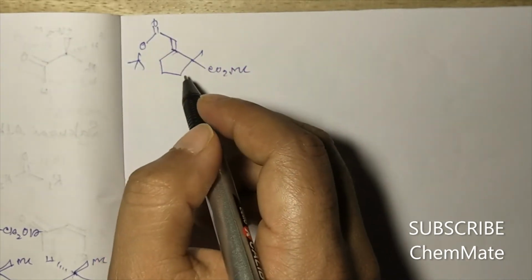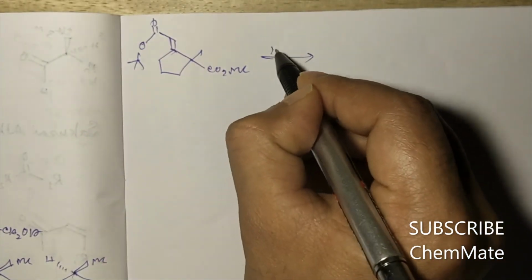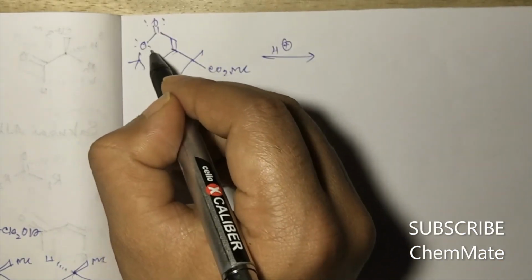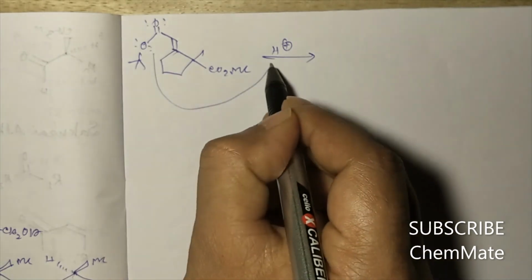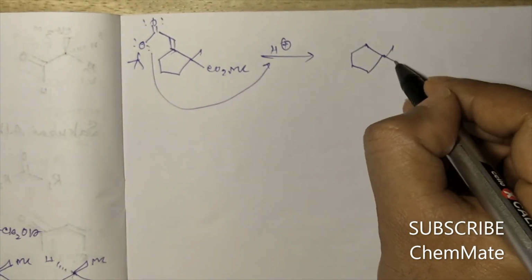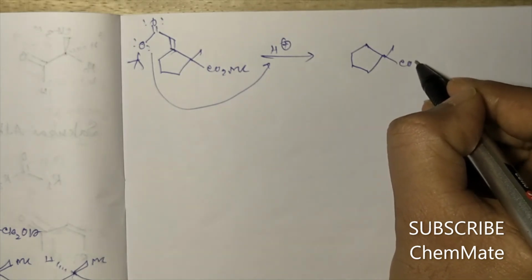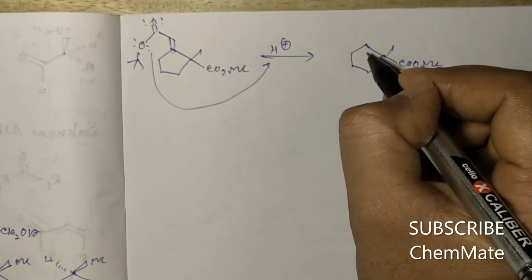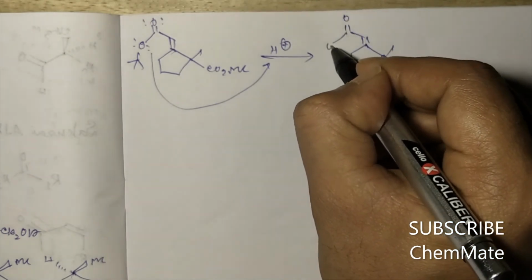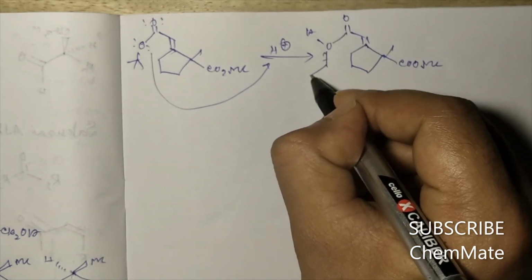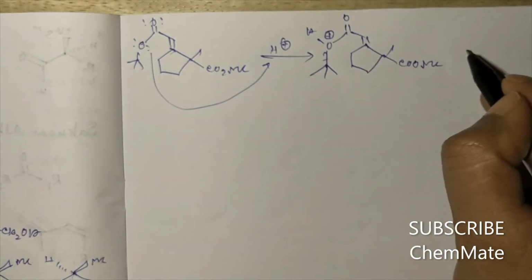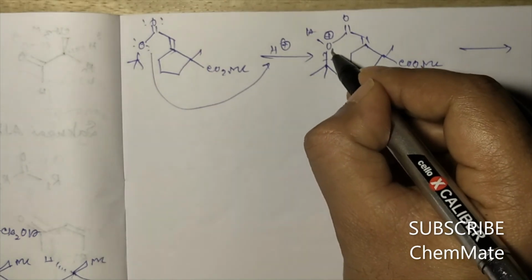Here a tertiary butyl group is there. So if it is treated with H plus, then what will happen? It will be protonated. Now from this, this bond will easily break.